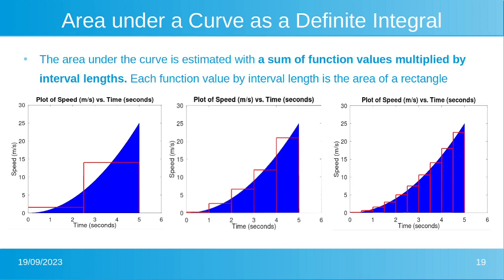So the area under the curve is estimated with a sum of function values multiplied by interval lengths. And each function value multiplied by interval length is the area of a rectangle.